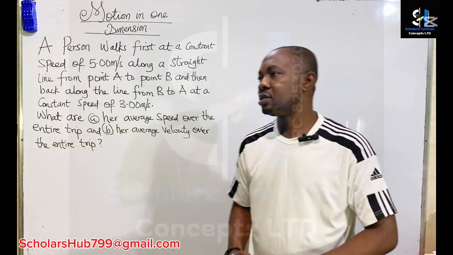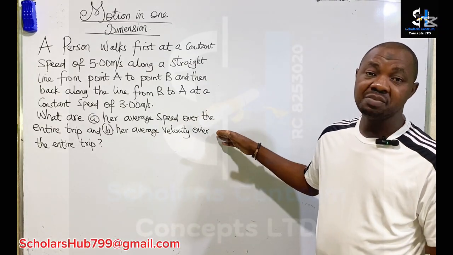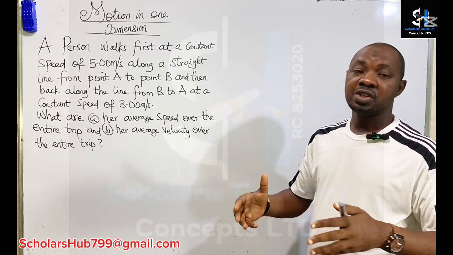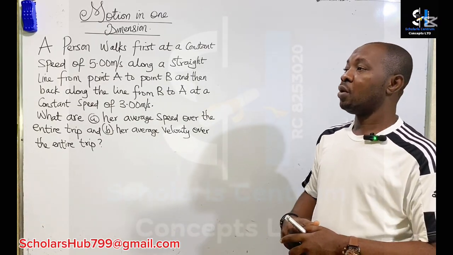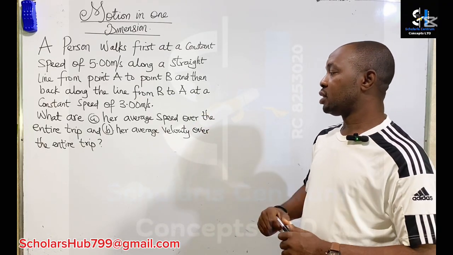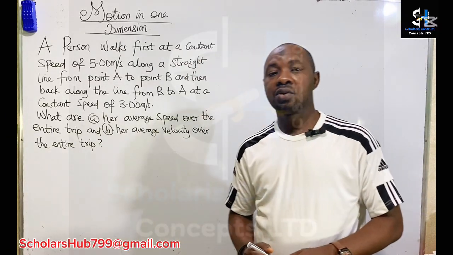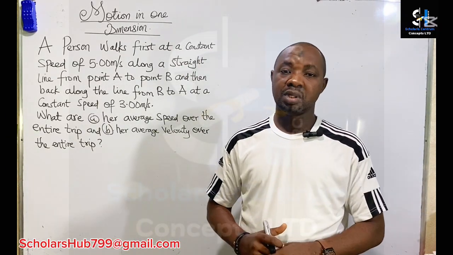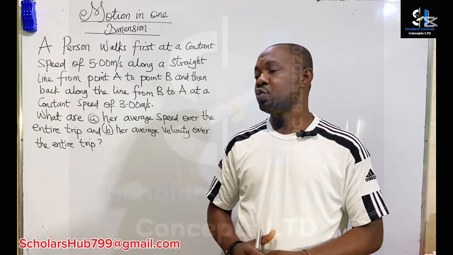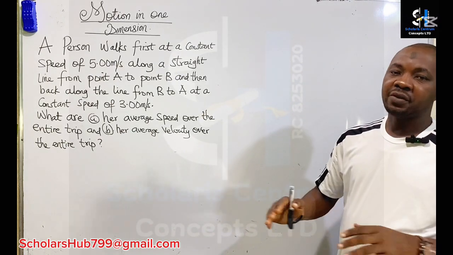That is why velocity measures the change in position, or change in displacement, with respect to time. Speed measures the distance traveled by a body in an unspecified direction with respect to time. So that's why I say we have two different cases here.